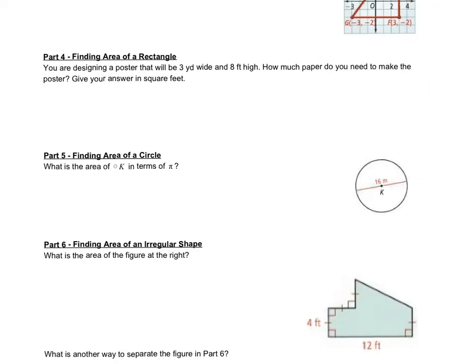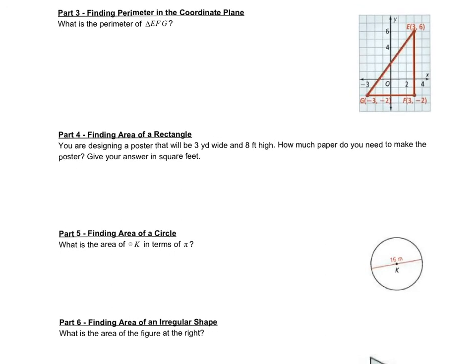All right, part 3 is a multi-step problem. We want to find the perimeter of EFG. So we have to find the distance between E and F using the absolute value sign for our Y values, because that is our height.